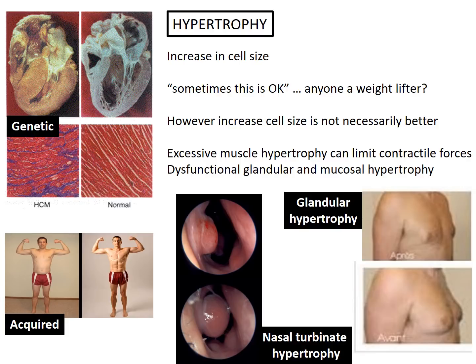Sometimes growth of inner organs is not good. So look at the two examples of the heart in the upper left hand. On the right side is a normal heart. On the left side is a heart with exaggerated, increased cardiac muscle hypertrophy. And that over time can lead to dysfunction of the heart or heart failure.